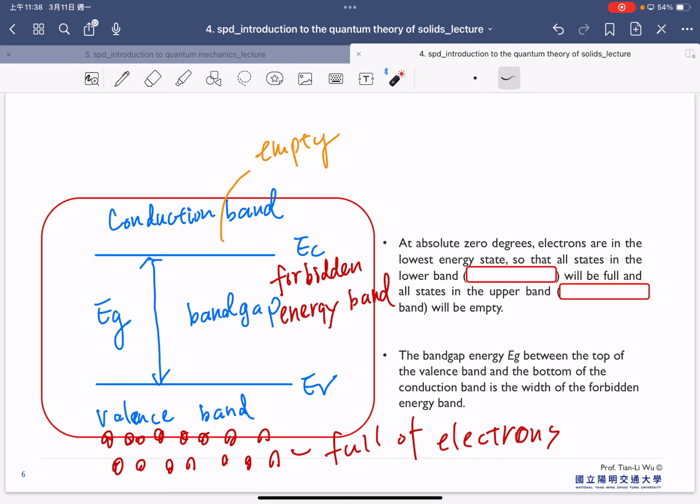Okay, so that's the thing you should know. You should not only know it, you should also memorize it, because that's way too important.